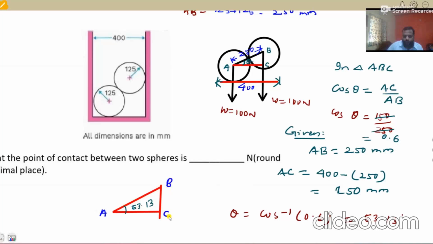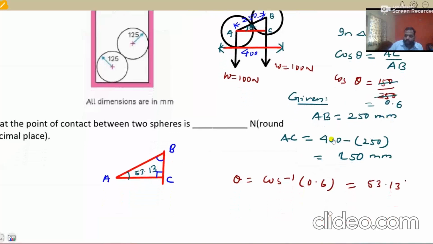Now it is C. Now what I have to do is identify how much this angle is. How will I get the value of this angle?